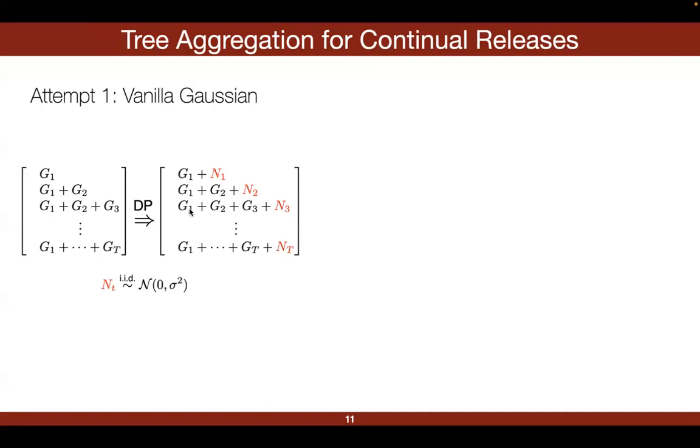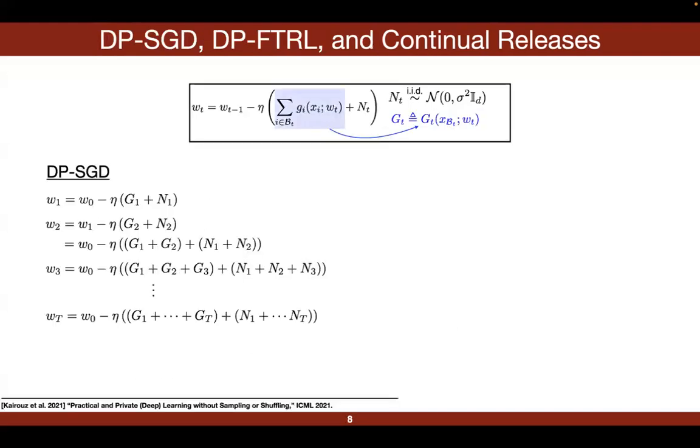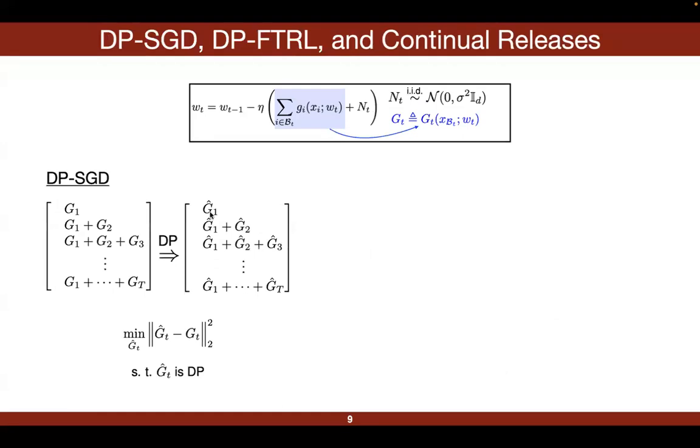This is a new algorithm we proposed. For DPSGD, you are right. We are adding per round noise, so this G1 hat will be G1 plus N1, and the second step here will be G1 plus N1 plus G2 plus N2. You are right. But the algorithm we propose, the vanilla Gaussian mechanism, is not DPSGD.